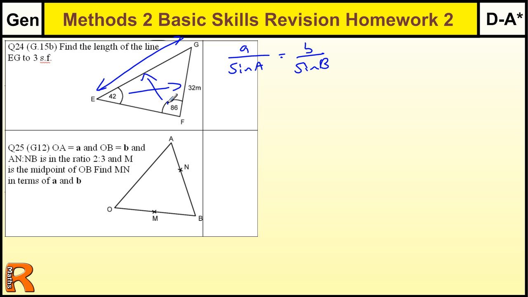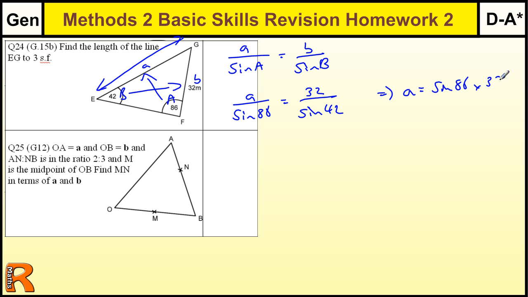If I label this A and this little a, because that's what I'm trying to find, and this I'm going to label B and this little b, and then put the numbers in, we get a all over sine of 86 equals b, which is 32, over the sine of 42. So that tells me that a is going to be equal to sine 86 times 32 over sine 42.